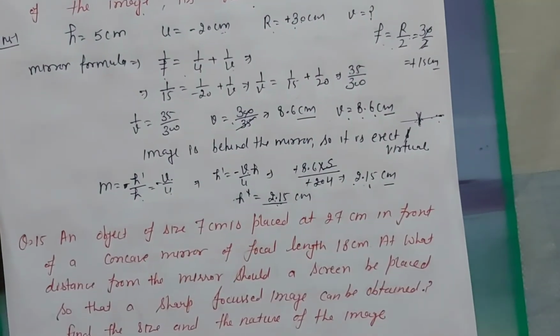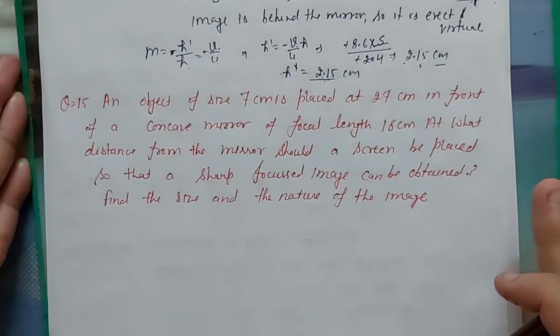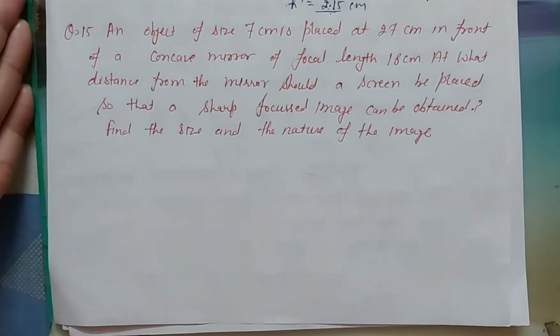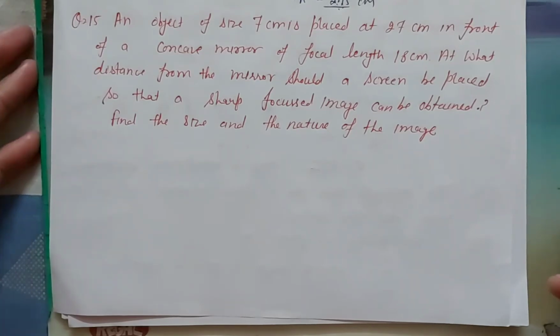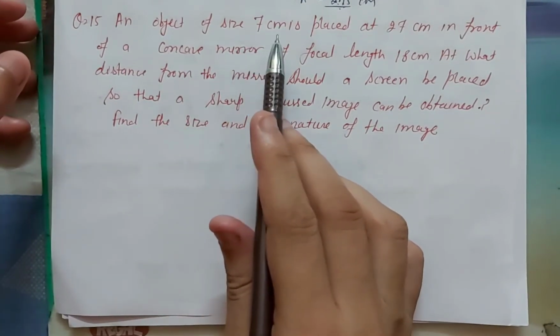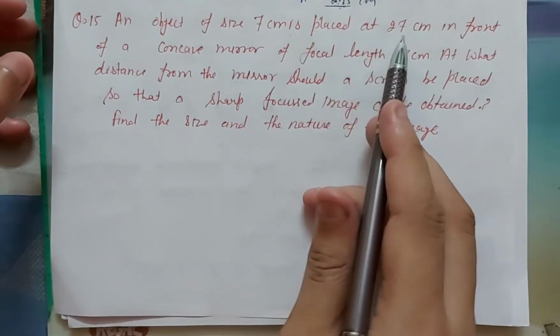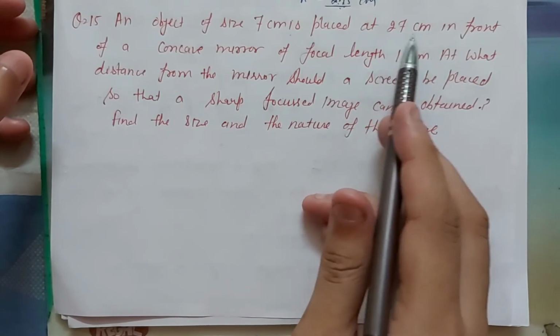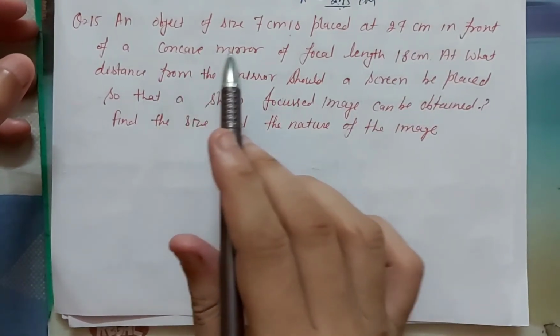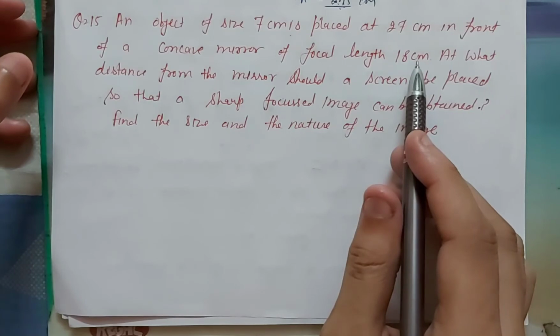So next is the 15th question. What is the 15th question? An object of size 7 centimeter is placed at 27 centimeter in front of a concave mirror of focal length 18 centimeter.